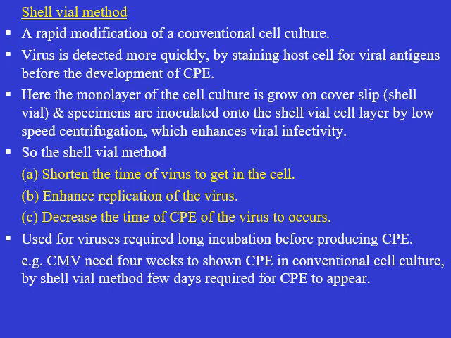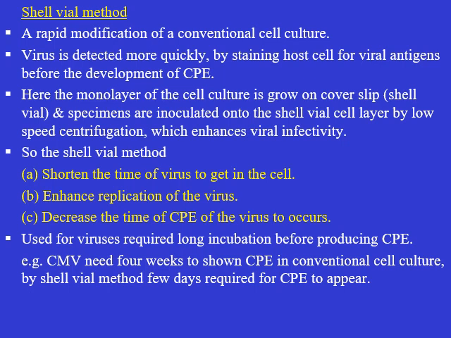So the shell vial method: A, shortens the time for the virus to get into the cell. B, enhances replication of the virus. C, decreases the time for the cytopathic effect of the virus to occur.